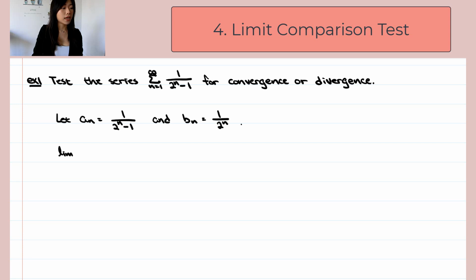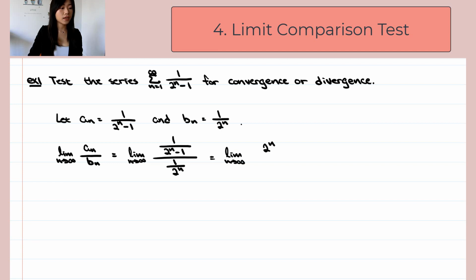So the limit as n approaches infinity of a_n divided by b_n equals the limit as n approaches infinity of 1 over 2 to the power of n minus 1, over 1 over 2 to the power of n. Then let's factor out the highest degree. I can rewrite the quotient as 2 to the power of n divided by 2 to the power of n minus 1.